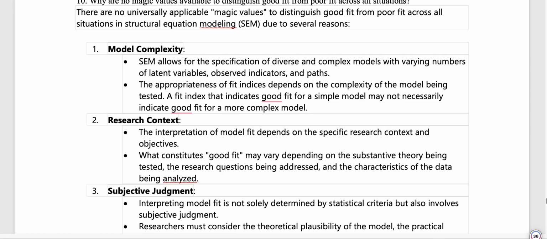In research context, the interpretation of model fit depends on the specific research context and objectives. What constitutes good fit may vary depending on the substantive theory being tested, the research question being addressed, and the characteristics of the data being analyzed.